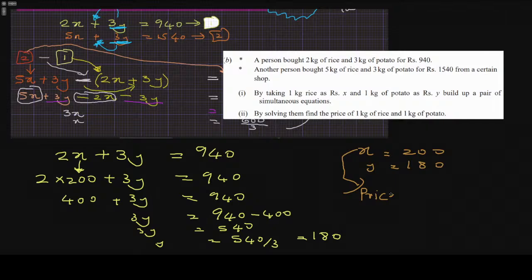Price of 1 kg rice equals rupees 200. Make sure that you put the units. It's rupees 200. And what is y? That is the price of 1 kg of potato. So price of 1 kg potato, rupees 180. Alright, we are done with this question 6.